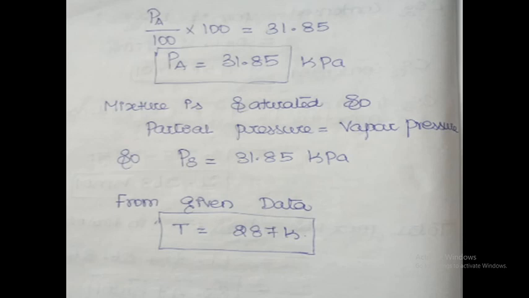This is very close to one data point. From that data, the temperature is 287 Kelvin. Because these values are very close, directly taken as temperature 287 Kelvin, this temperature is the cooling temperature of the mixture when 40% of CS2 is condensed out. Are you clear or not? Okay. Thank you for your attention.